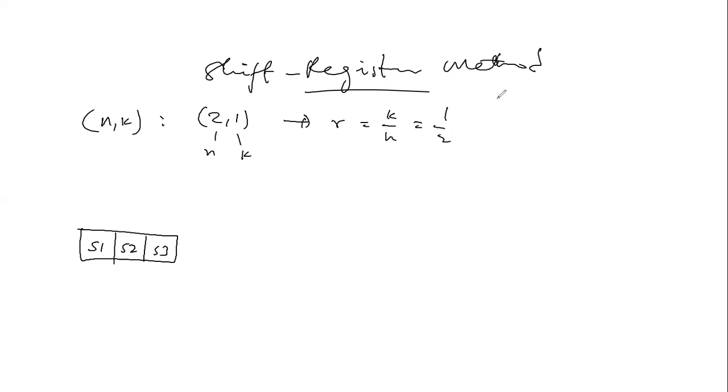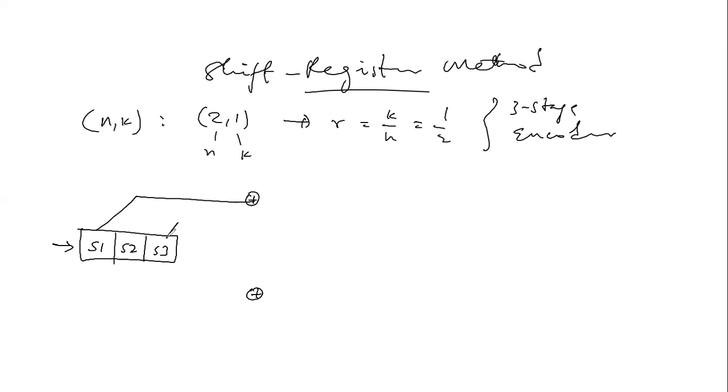Here we are looking at a 3-stage, half rate convolution encoder. And now if we have the connection diagram to be something like this, given the input, we have 2 outputs.